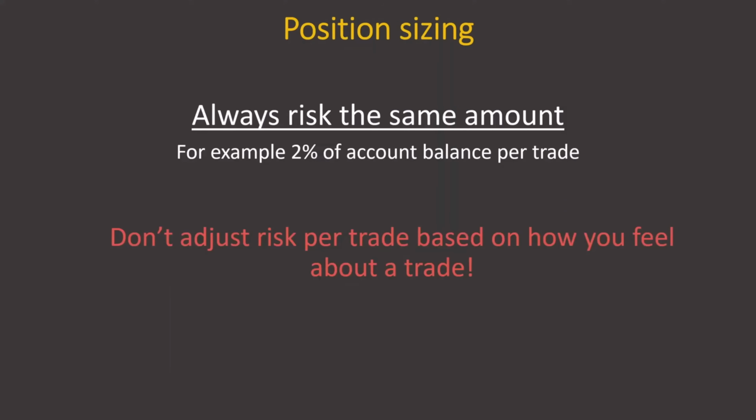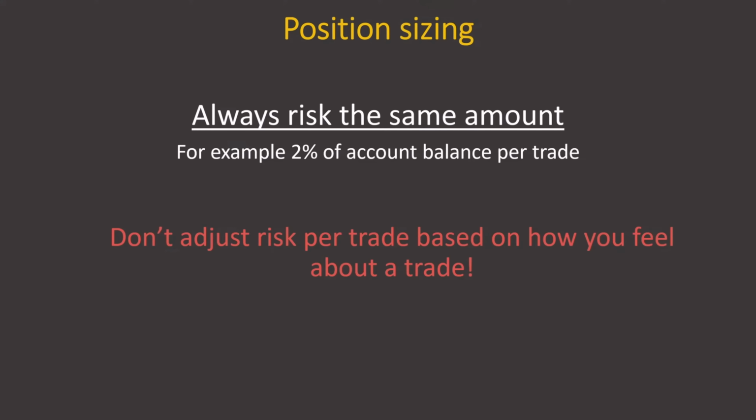Now, here is a little advice on position sizing. Some traders like to change the amount they risk based on how confident they feel about the trade. So if they are really sure about the trade, they might risk more, and if they are not too sure, they might risk less. Now, I'm not a fan of this approach for two reasons.